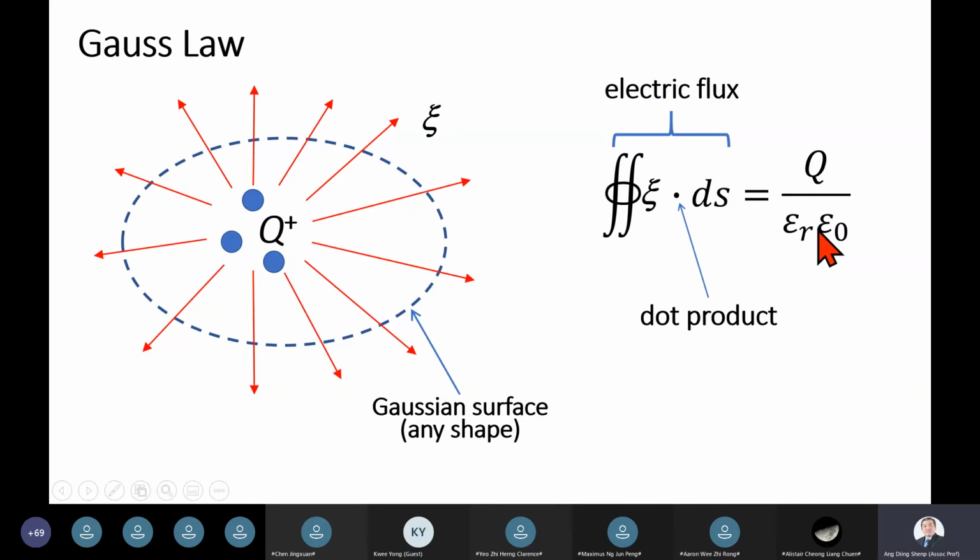Epsilon r is the relative permittivity, and epsilon naught is the permittivity of free space. This is Gauss law.